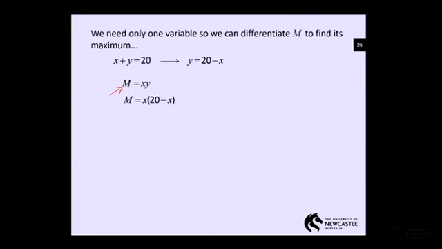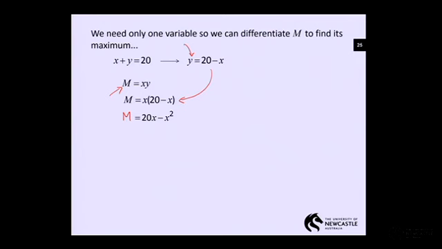And that's when you go back to your constraint and you make one of them, and we've just chosen the Y variable, the subject so that you can then do a substitution. And why are you doing that? So that M is now equal to 20 times X minus X squared, and you now have a green light to do a derivative because you only have one variable. You only have X's in that line.